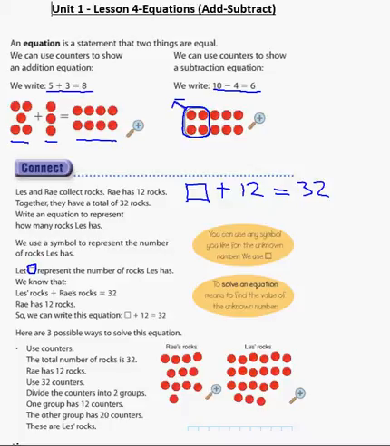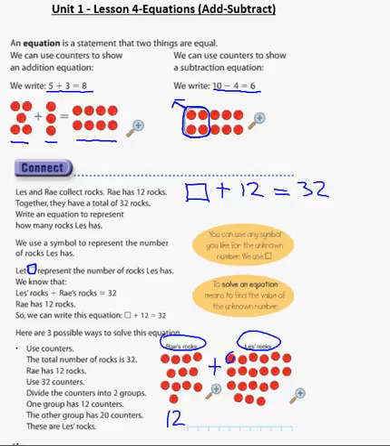So if we use counters, we could have Ray's rocks here, and then we've got the unknown ones that are Les's rocks. But we do know that Ray has 12, so if you were to draw 12 counters there, and then you add it to the unknown number, they've already got them drawn for you, but if you were going to do it, you could just start drawing and counting. So Ray's got 12, and then you could just start drawing here.